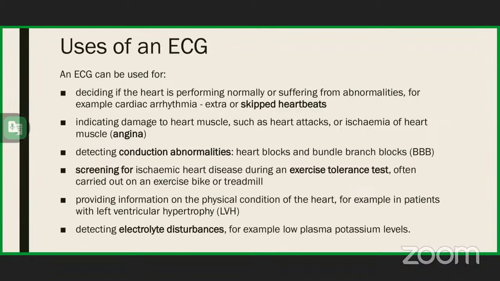For example, cardiac arrhythmia, extra or skipped heartbeats, indicating damage to heart muscle, such as heart attacks or ischemia, detecting conduction abnormalities, heart blocks and bundle branch blocks, screening for ischemic heart disease during an exercise tolerance test, often carried out on an exercise bike or treadmill, providing information on the physical condition of the heart, for example in patients with left ventricular hypertrophy, detecting electrolyte disturbance, for example low plasma potassium levels.